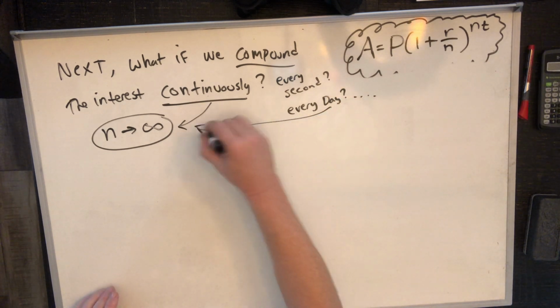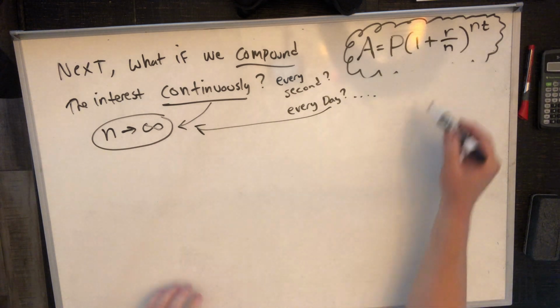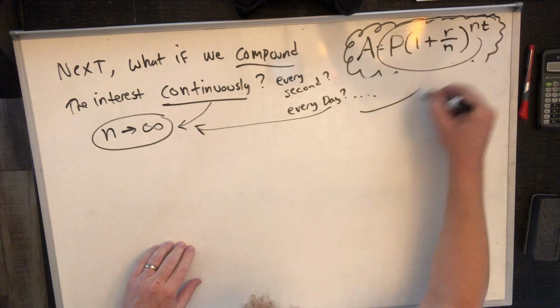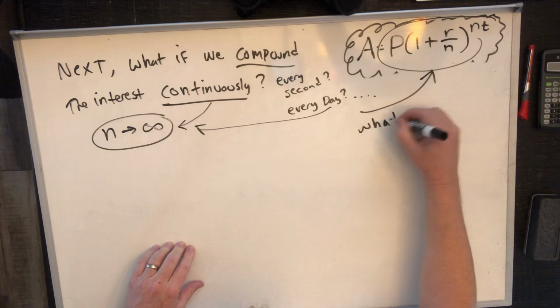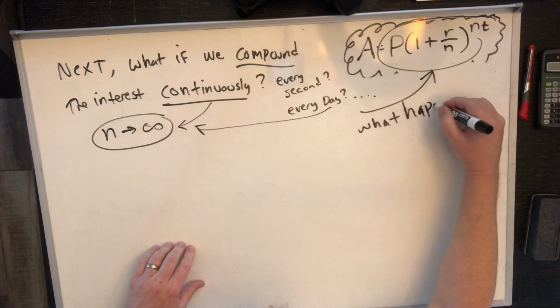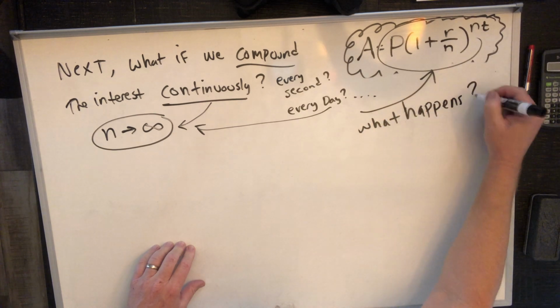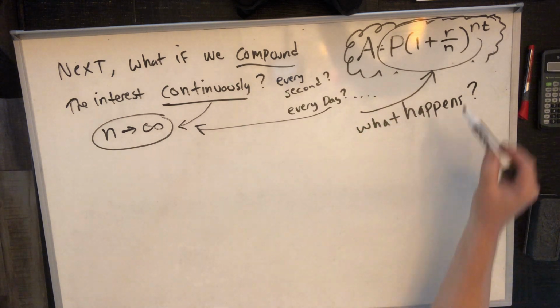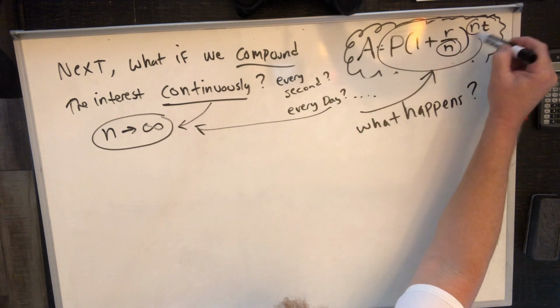An infinite number of compoundings. What would happen to this formula if we allow the n to approach infinity?